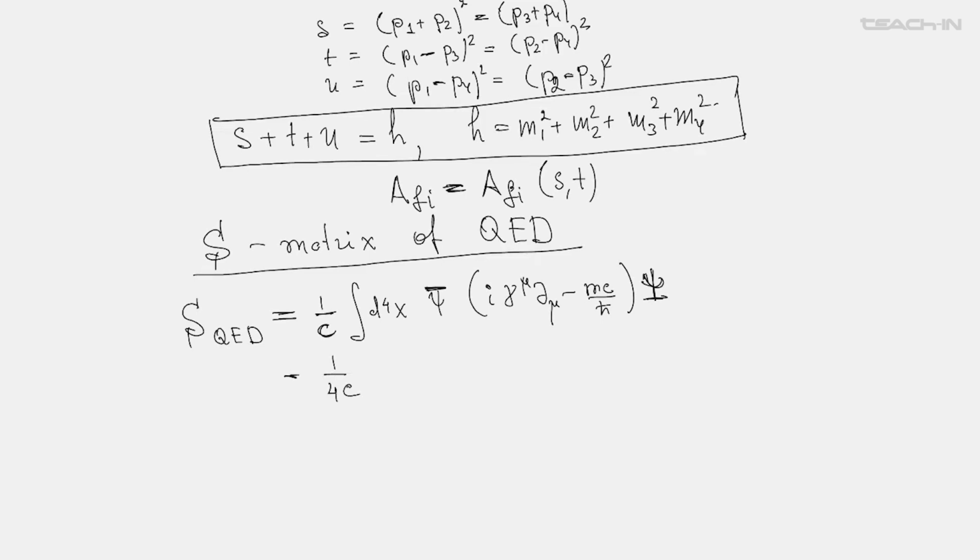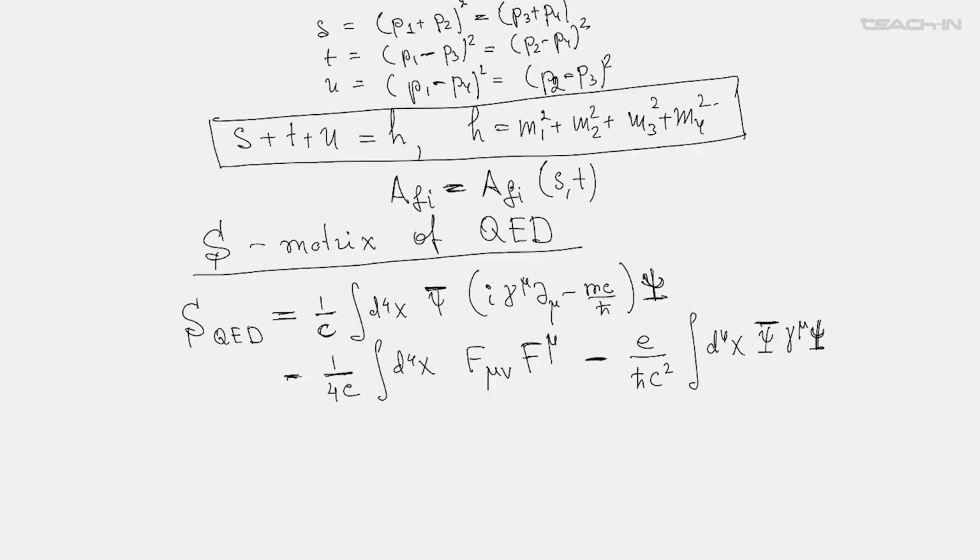Then there is a piece which describes the action for the electromagnetic field. So the Dirac action we know, the electromagnetic field action we know, that's just the Maxwell action. And on top of that, we add an interaction term, which describes the interaction of the electromagnetic current, the current produced by fermions, by the Dirac field, psi bar gamma mu psi, that's a conserved current, multiplied with A mu, where A mu is the electromagnetic potential.